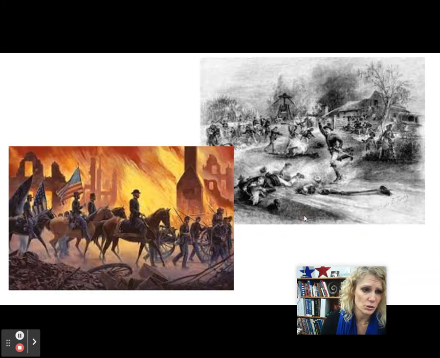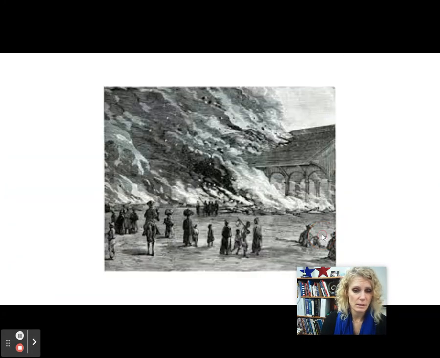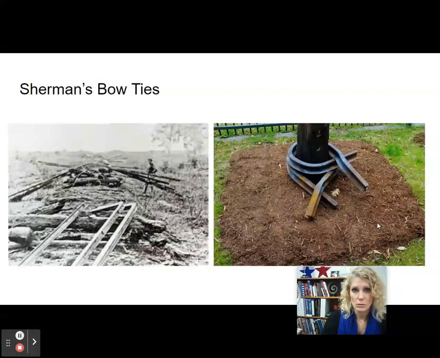Here are some pictures and some drawings of this event, and you will see that places are being burned, civilians are probably being attacked, and it was incredibly devastating to that area.